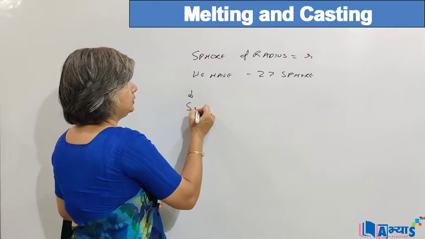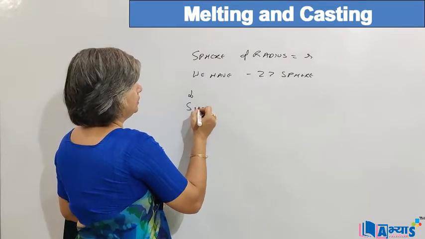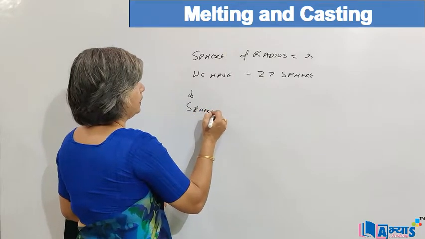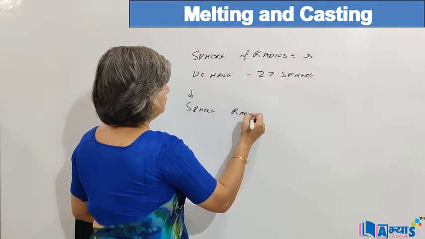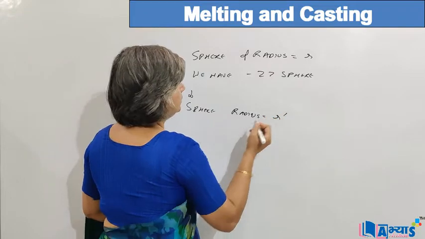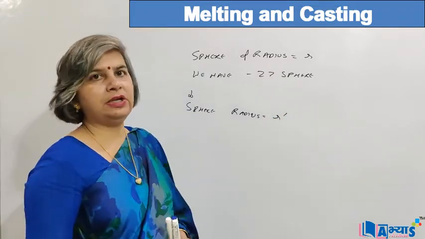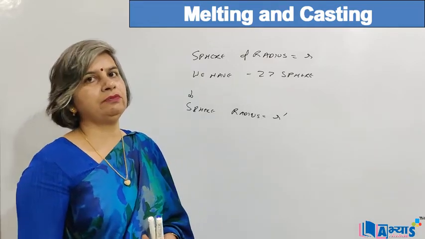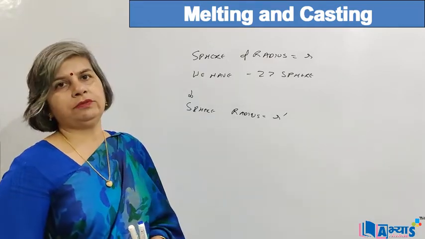Let the new sphere have radius r dash (r1). We are supposed to find the relation between the surface area of the original sphere and the surface area of the new sphere, and the radius of the new sphere.